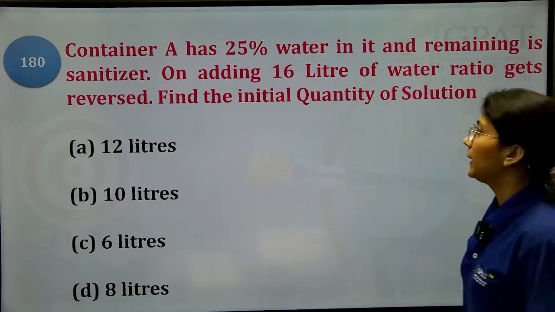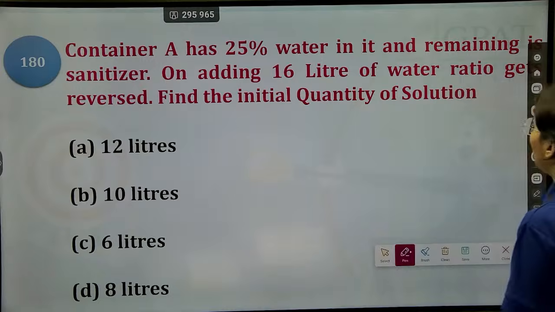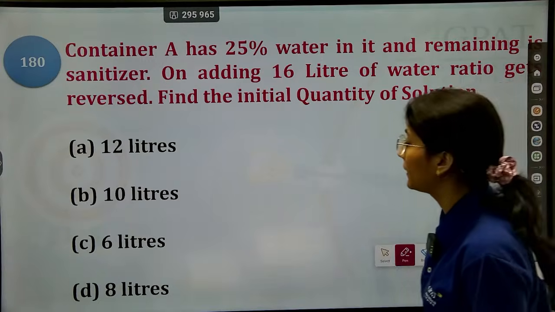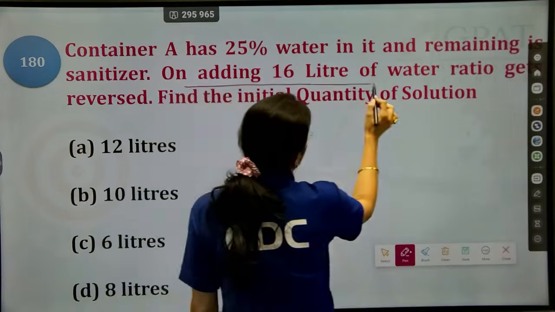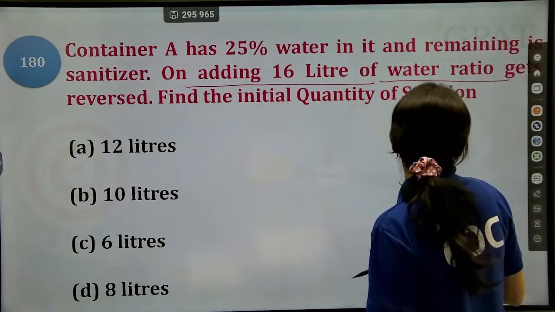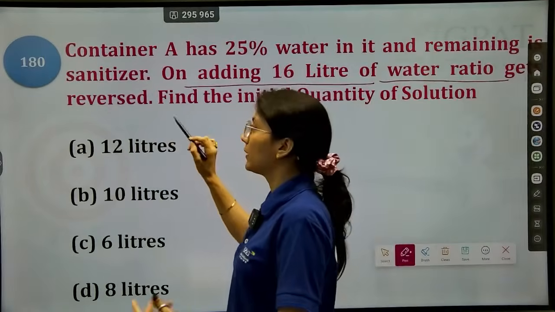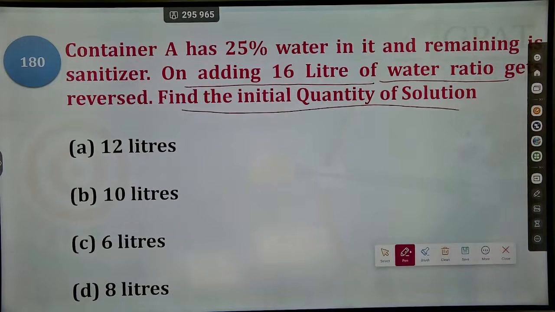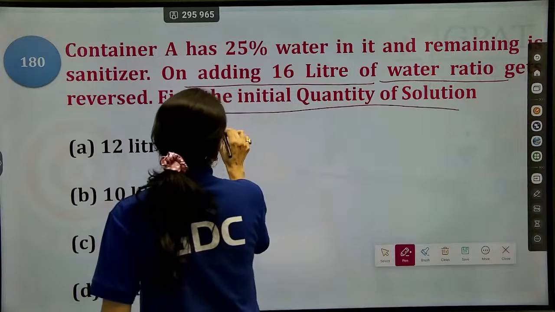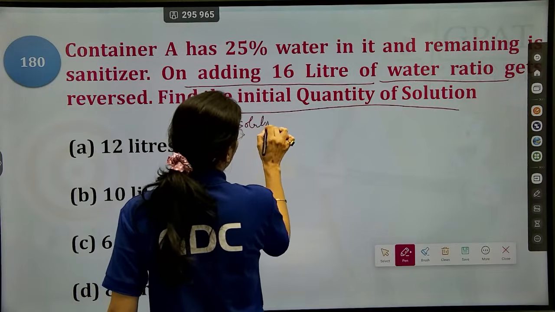Next question. A container has 25% water in it and the remaining is sanitizer. On adding 16 liter of water, the ratio gets reversed. Find the initial quantity of solution. Let the solution be x, because we don't know the solution.